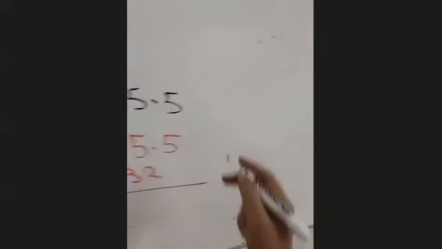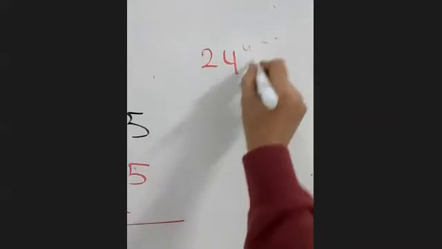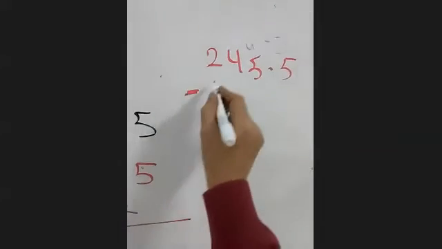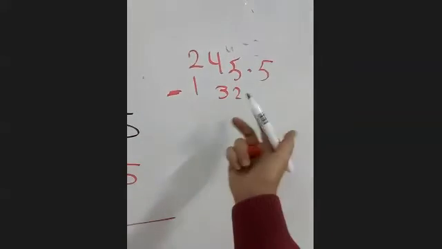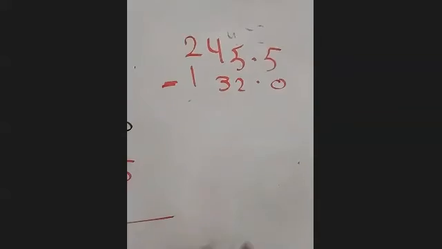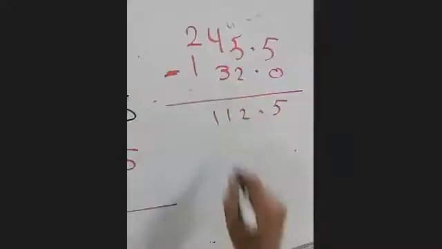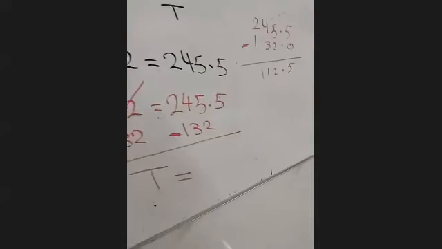Let's subtract 245.5 minus 132. There is no decimal in 132. We add a decimal with 0. Remember? Yes. Subtract: 5 decimal 2 5, 1 3 2, 1 1 2. Not 2 3 يا مستر.